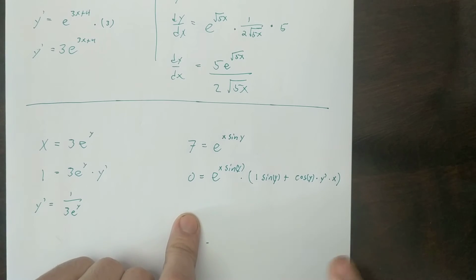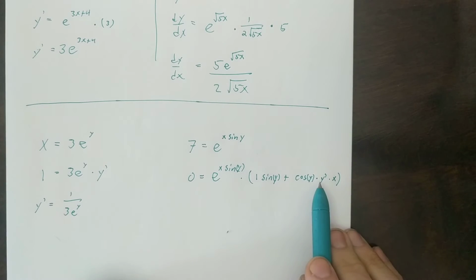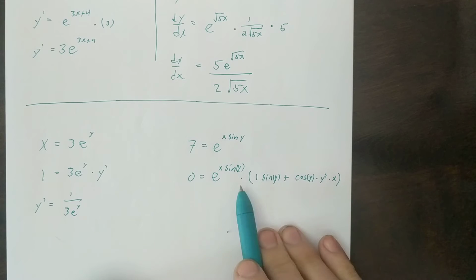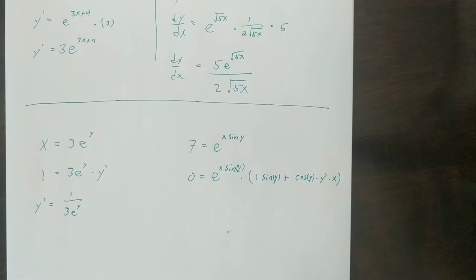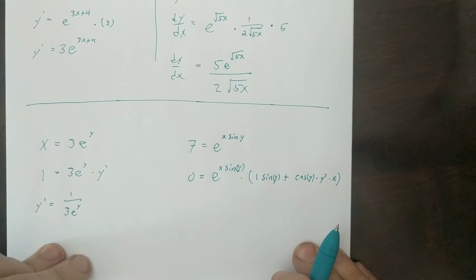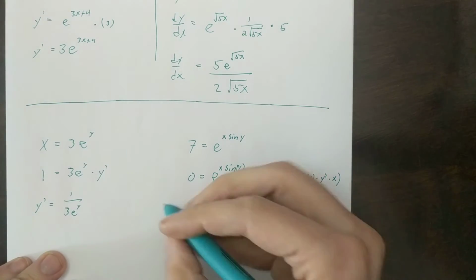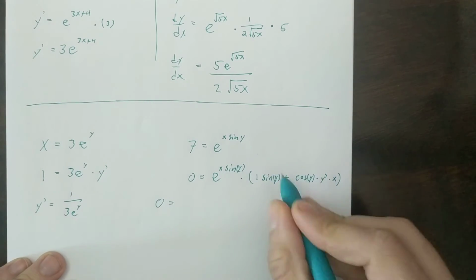So we're done there. Now, if I needed to simplify this for just y prime, this gets quite ugly. But it's not bad. First off, how bad is this? Oh, this is actually going to be kind of ugly. Not that bad. Okay, so what is this? This is 0 equals, I'm going to distribute this across.